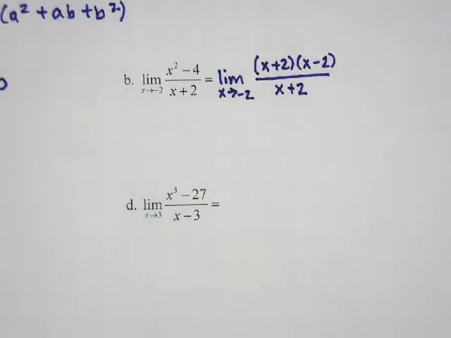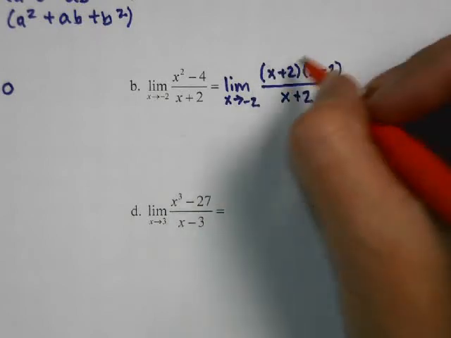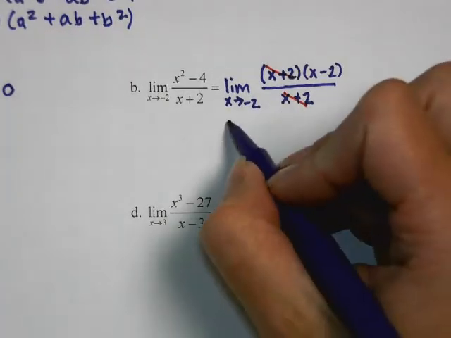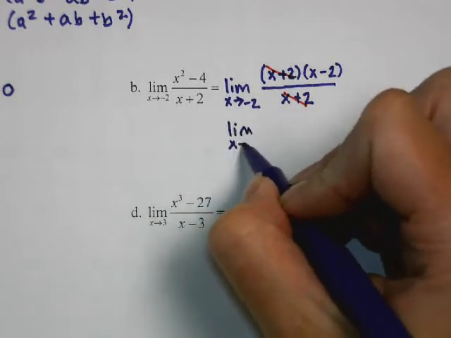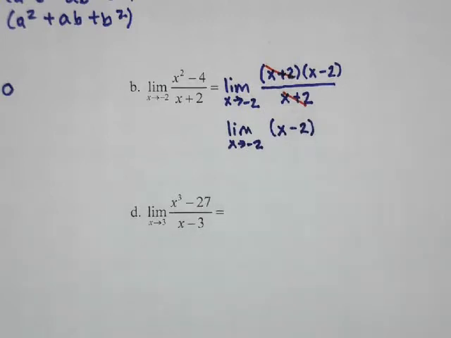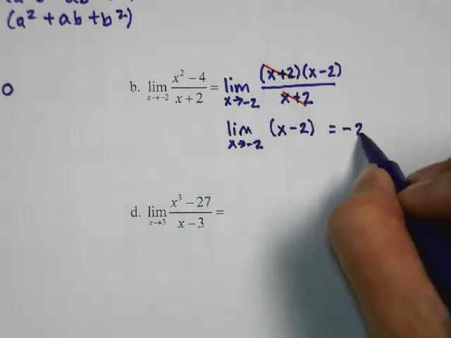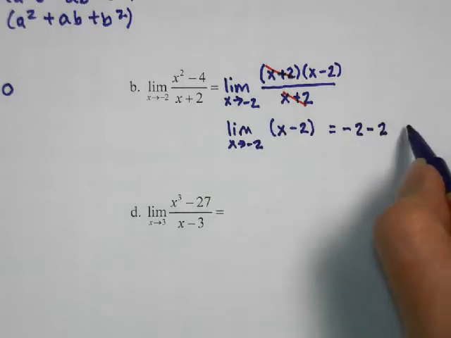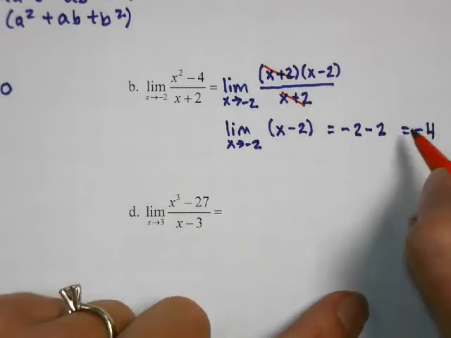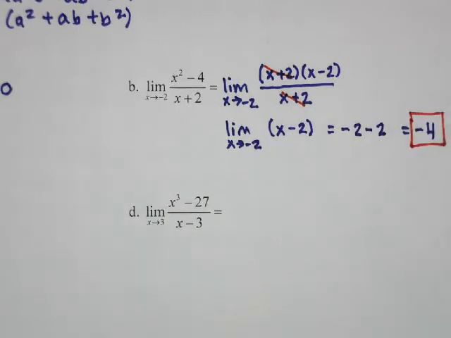And that x plus 2 over x plus 2 cancels. So then we're left with the limit as x goes to negative 2 of x minus 2. This I can evaluate. So we plug in the negative 2, and we have negative 2 minus 2, which is negative 4. So our limit exists and is negative 4, and we can find that analytically by factoring.